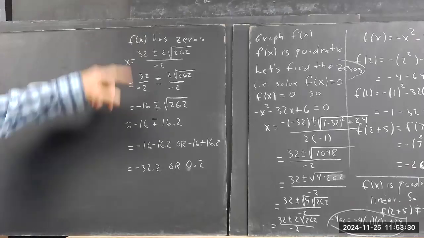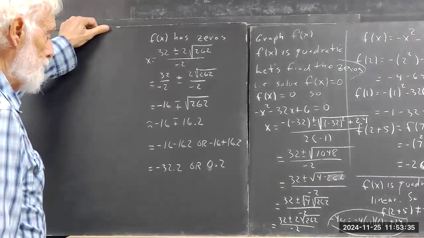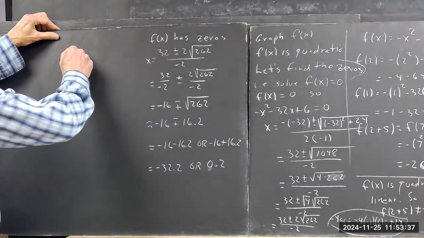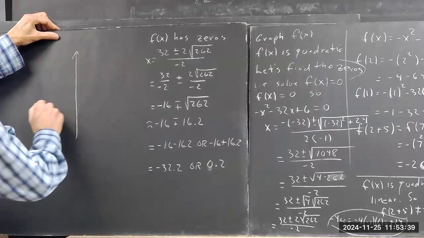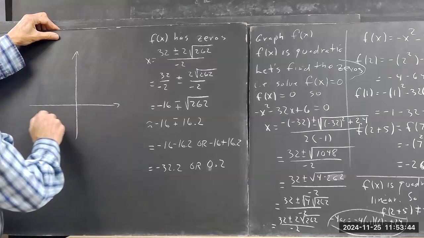Okay, so f of x has these zeros. Now we can start to graph the thing. And from this point, I'm going to graph pretty quickly because it's just kind of a repeat of what we did last time.